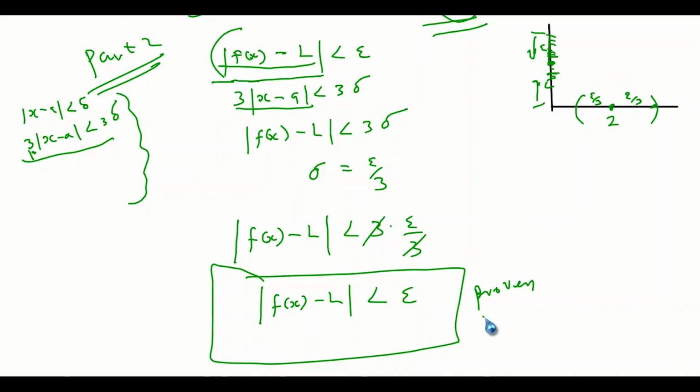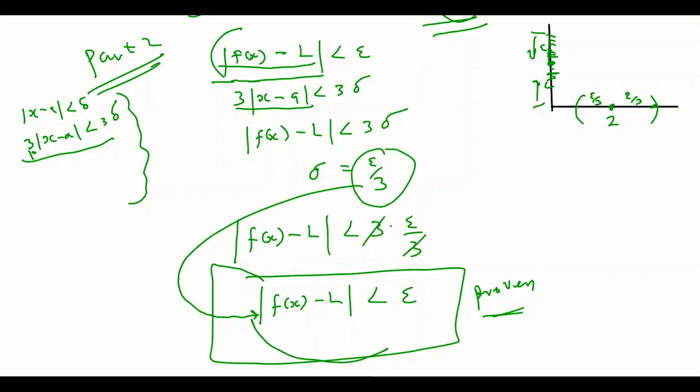So you can see that when we use the value of this delta, it gave us an output that is very close to the limit, which is less than the epsilon, as I just explained here.